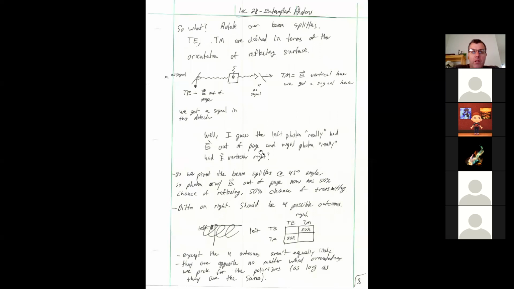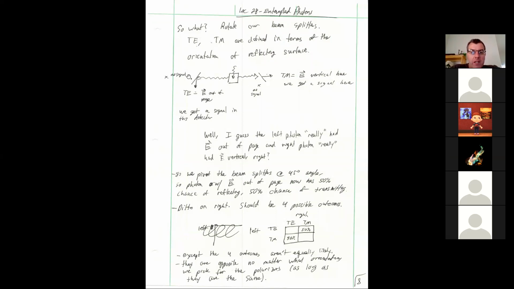Well, here's where it gets weird. All right, as if quantum mechanics wasn't weird enough. You could say, all right, well, maybe we sent something in so that this photon would be horizontal in this case because it's TE. TE would be going in and out of the page, so TM would be going vertical.